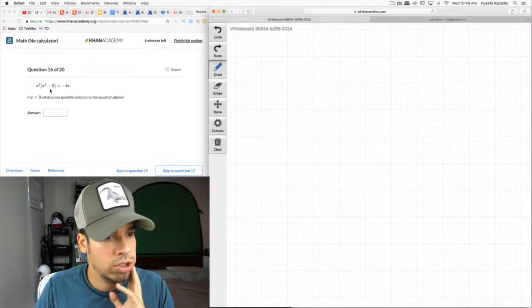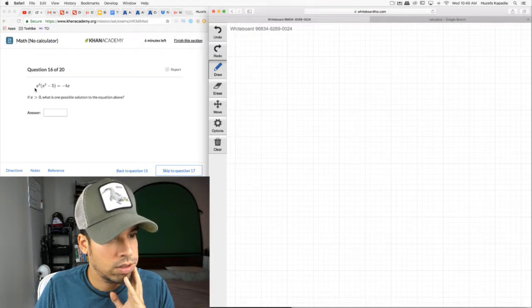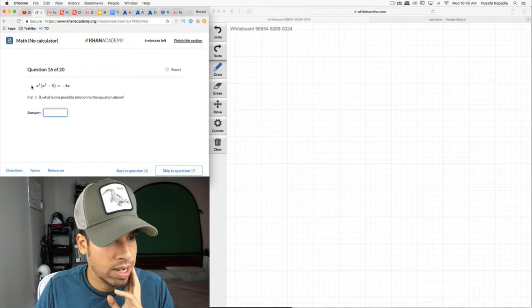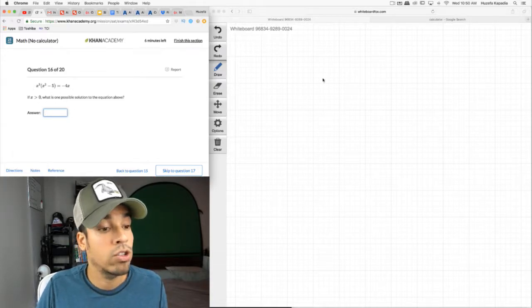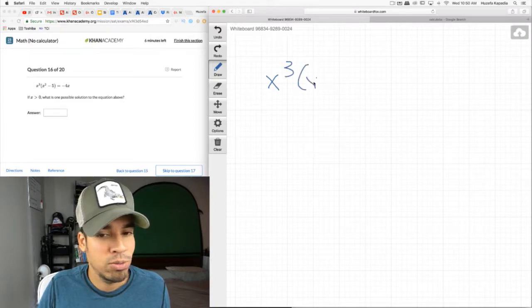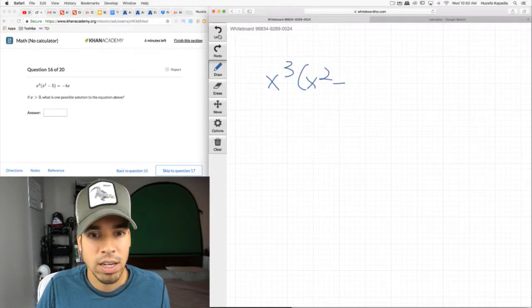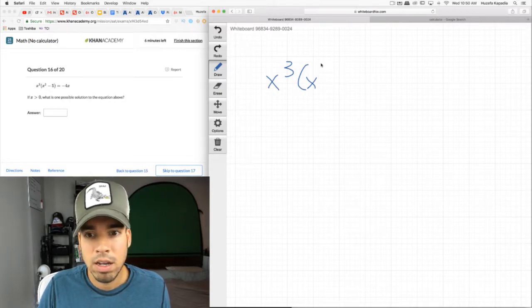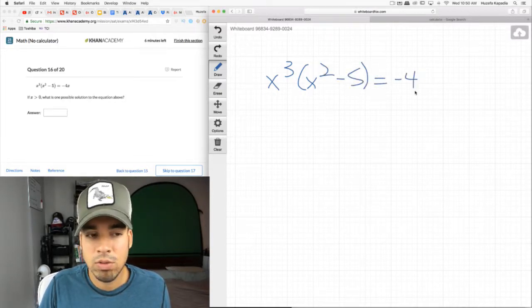What is one possible solution to the equation above? 0. 0 times negative 5, which is still 0, equals 0. Oh, x is greater than 0. Darn it. Okay, so x cubed times x squared minus 5. So that's a difference of squares. So x, no, it's not. Hold on. X squared minus 5 equals negative 4x.